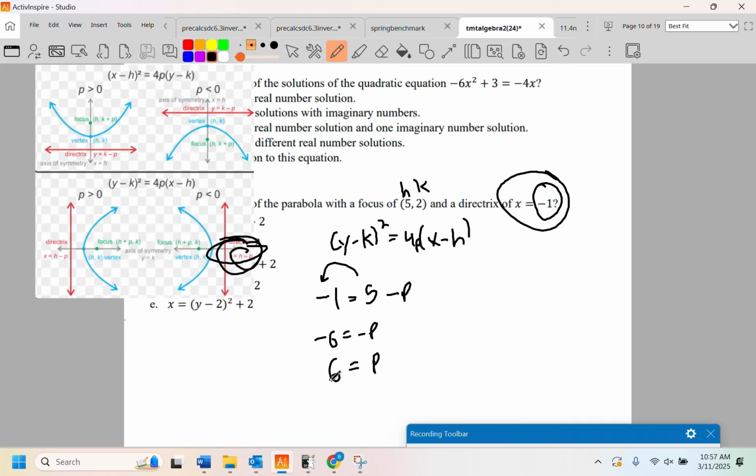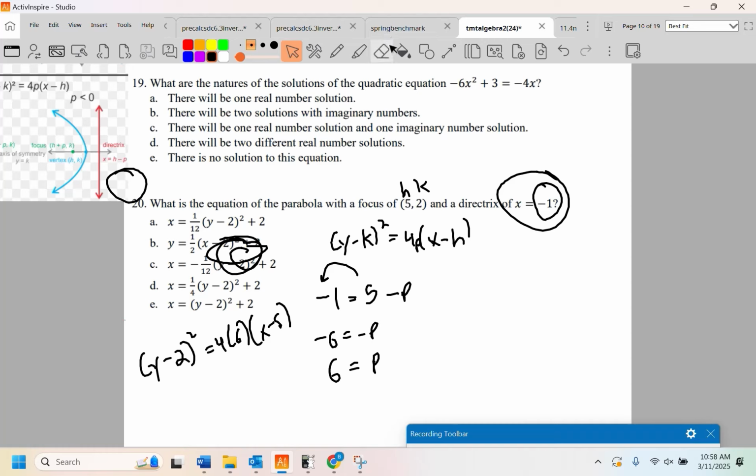All right, let's start plugging some stuff in. Look at your form: y minus 2 quantity squared equals 4 times p, which is 6, times x minus 5. And they have done some more math here than I think normally goes on. So let me look at their answer choices real quick.